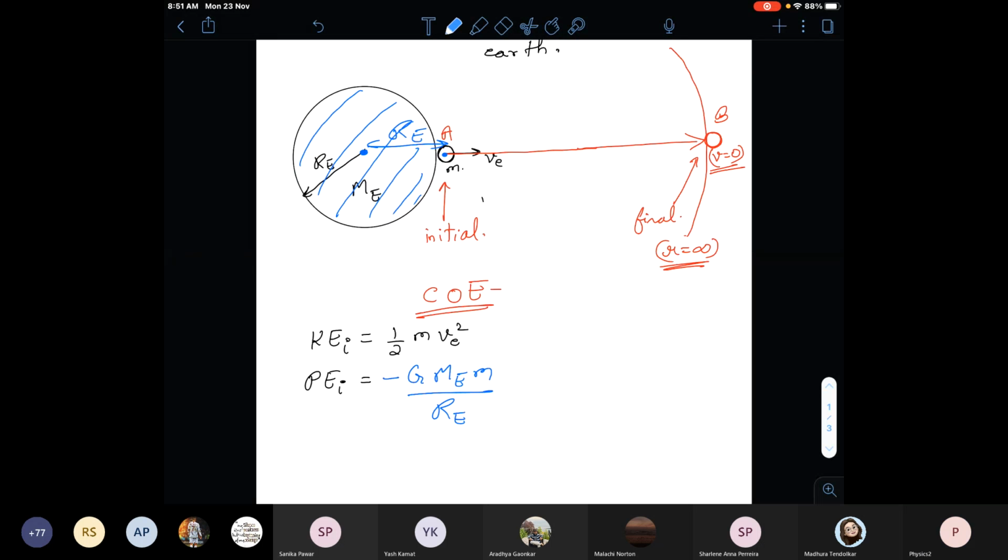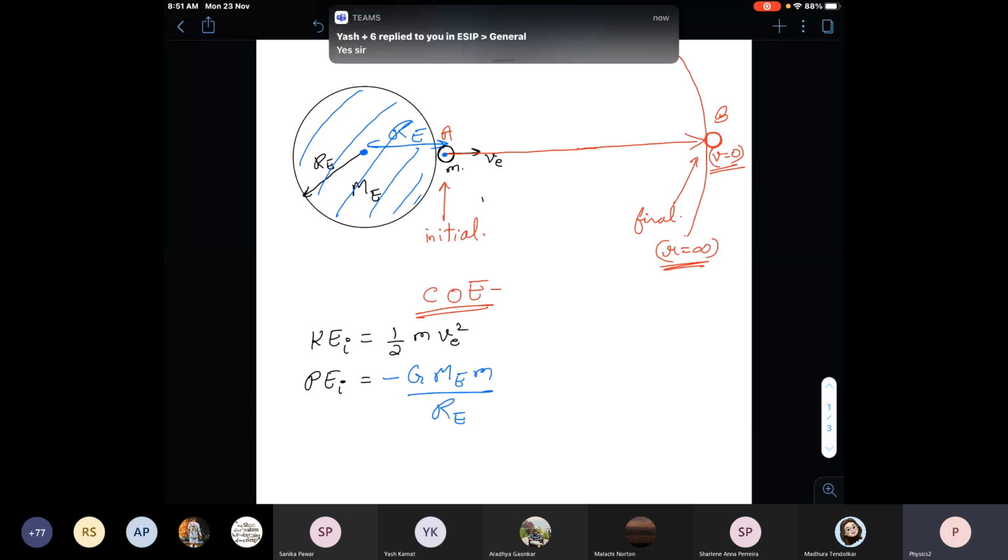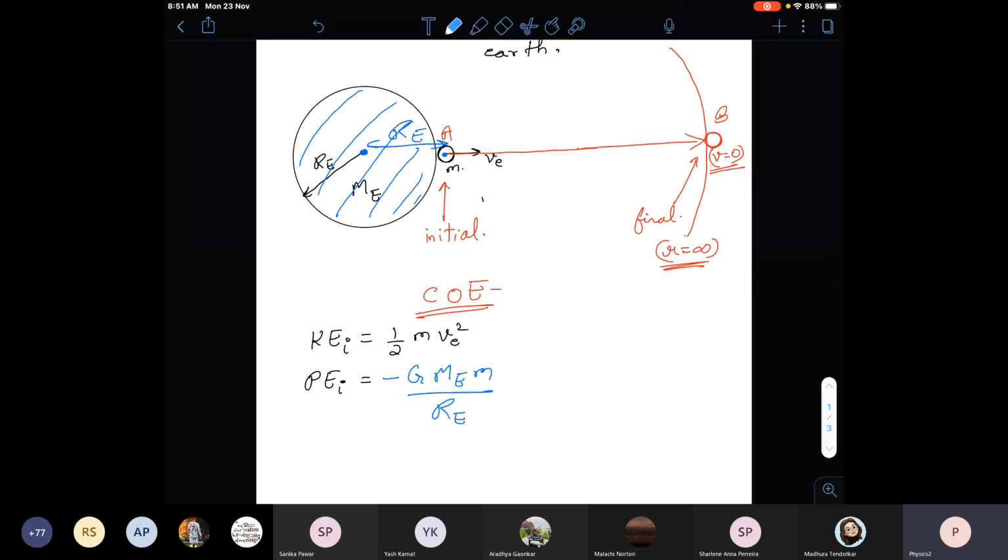Simple. You must have done at least this. So now I guess it is clear how to write the initial potential energy.